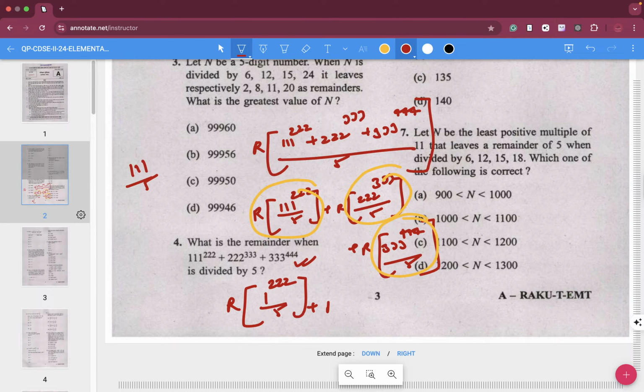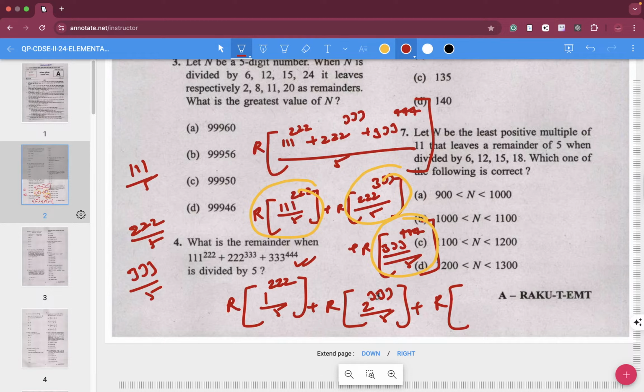Plus, if you divide 222 by 5, the remainder is 2, giving 2 raised to the power 333 by 5. Plus, dividing 333 by 5 gives remainder 3, so 3 raised to the power 444 by 5. This is how the question has reduced.